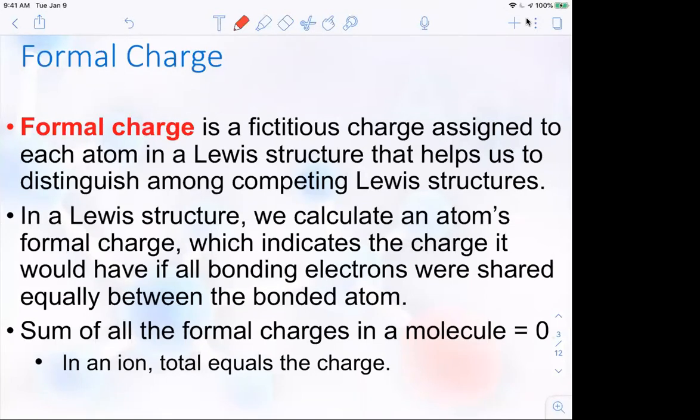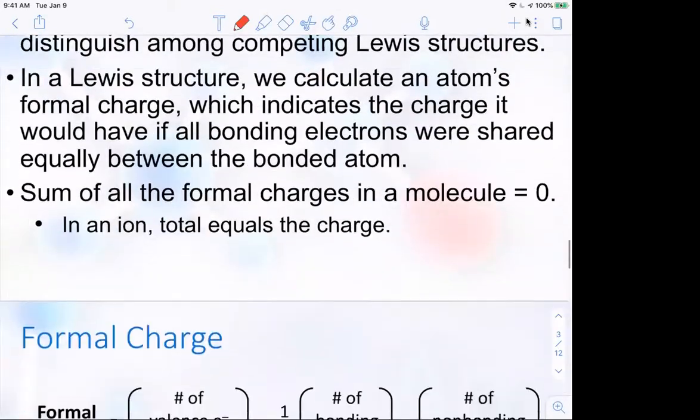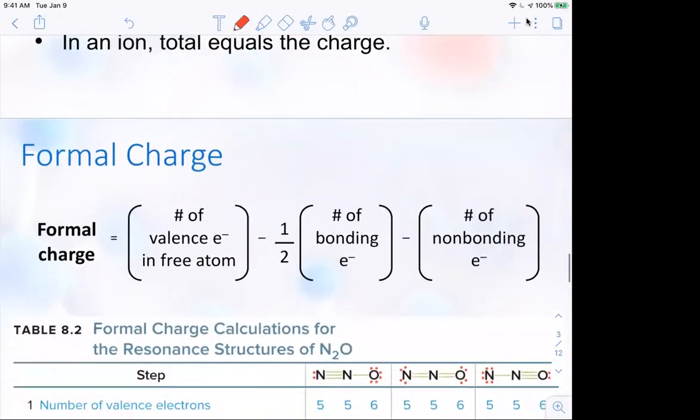So in some regards, I can figure out what the molecule looks like by just evaluating formal charges. Again, in a Lewis structure, I'm going to calculate an atom's formal charge just like I did above. This indicates the charge it would have if all the bonding electrons were shared equally. The sum of all the formal charges in a molecule has to be 0, and in an ion, the total equals the charge.